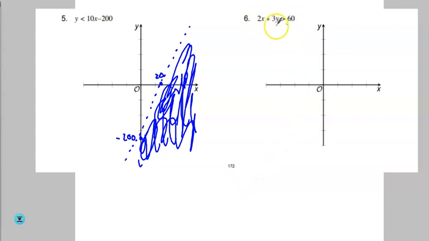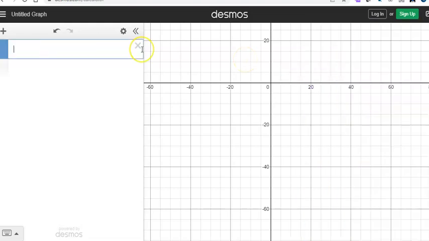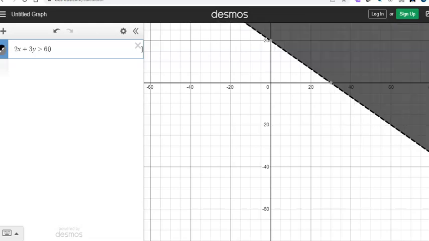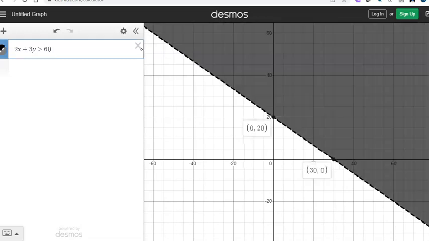And then the last one, again, I know that's going to be a dotted line. So if we graph that, 2x plus 3y has got to be greater than 60. We can see from that that the intercepts are at 20 and 30, dotted line shaded above.